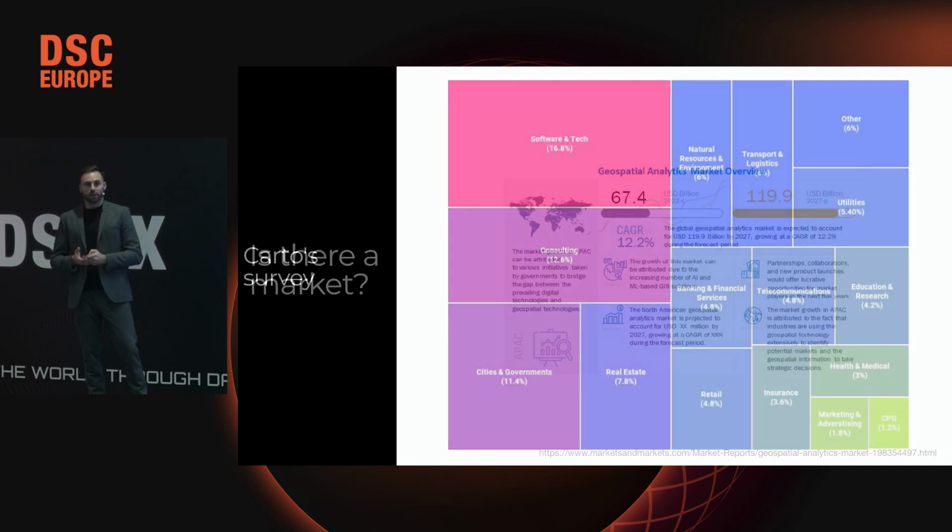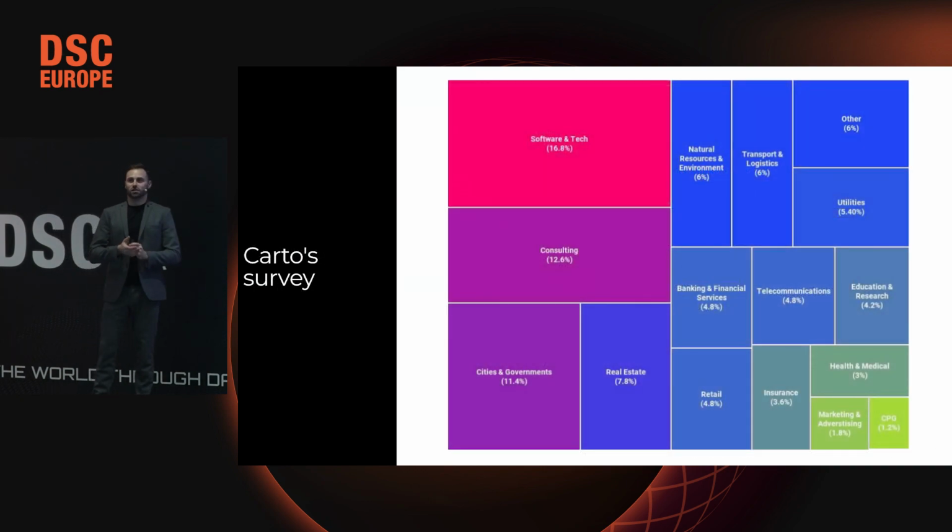And one of the key players of this field, Carto, is actually surveying the entire geospatial community every year, which highlights how diverse the range of applications is for geospatial data.